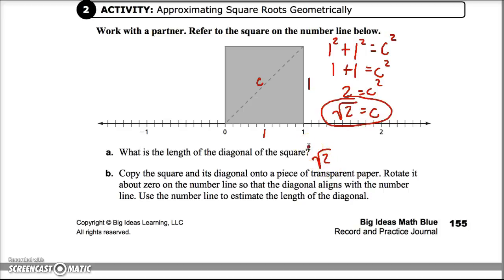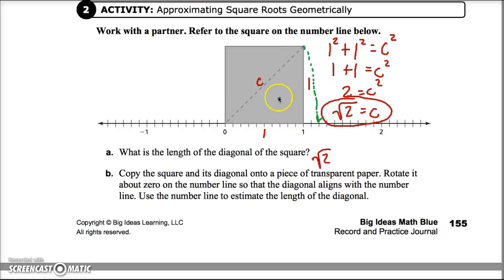Now, on B it says copy the square and its diagonal on a piece of transparency. So you can do that on a piece of notebook paper. You can pause the video and do this really quick. But it says rotate it about 0. So you're going to keep 0 right where it is. And then you're going to rotate this down until your diagonal lines up with the axis down here.